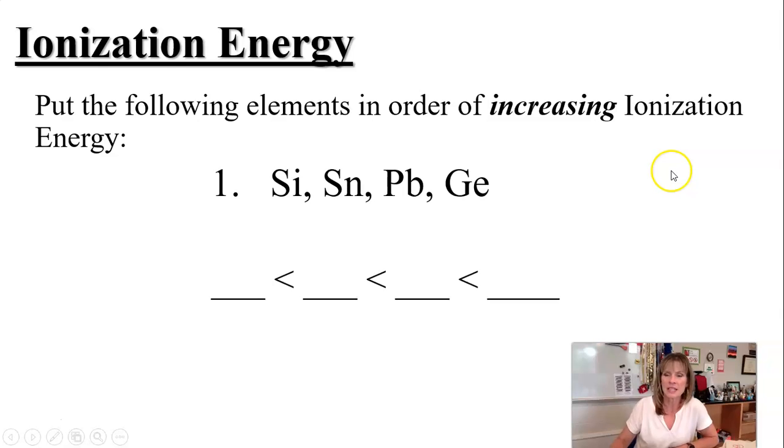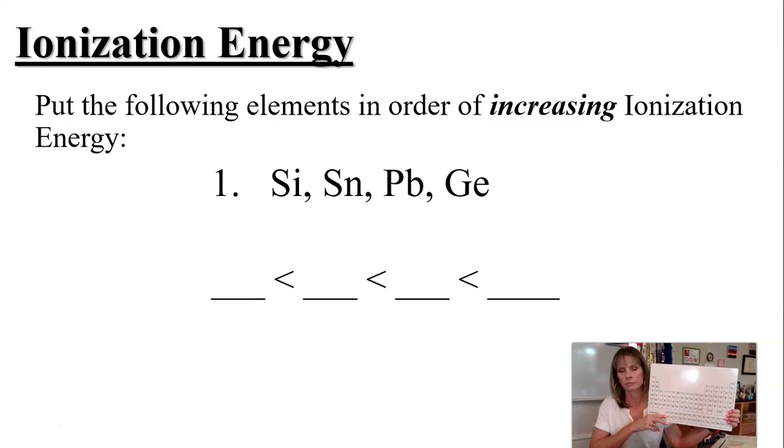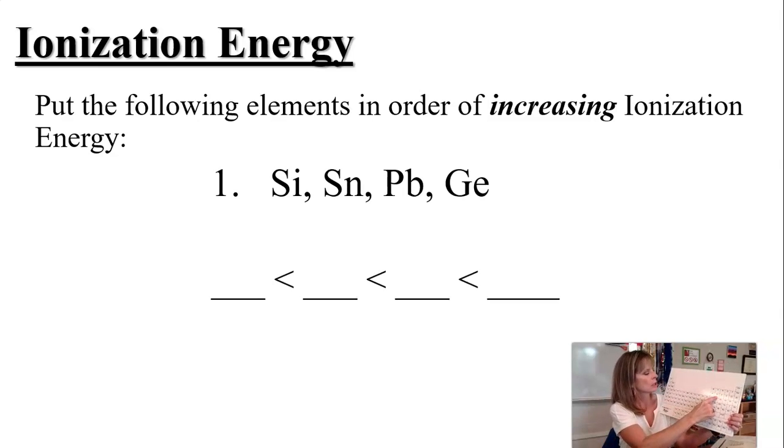So let's see if we can't put these in order of increasing ionization energy. Let me find the periodic table for you. Okay, there we go. So we've got silicon, tin, lead, and germanium. They're all in the same group.